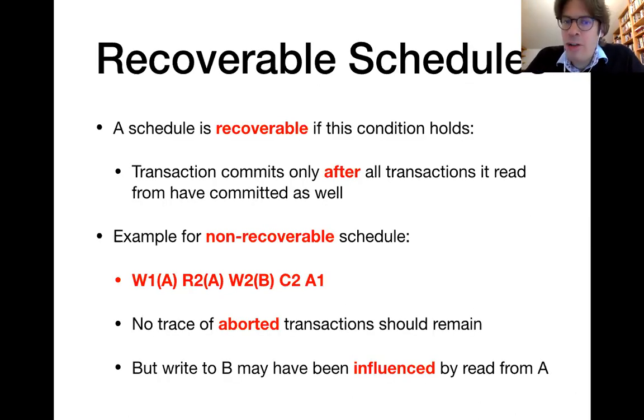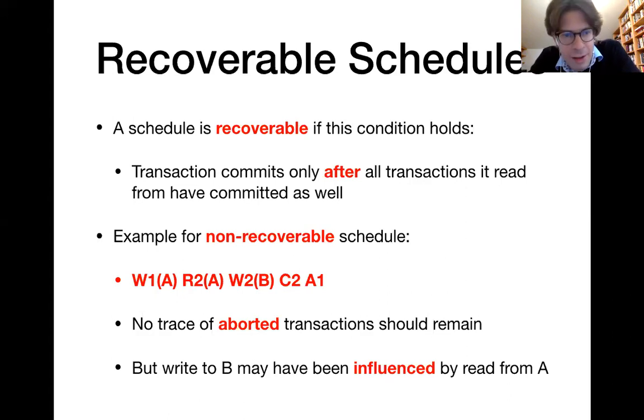So first of all, we will discuss recoverable schedules. Recoverable schedules, it's a very basic criterion saying basically that your schedule should leave the database in a consistent state. It's a very basic requirement. If you look, for instance, at the schedule marked in red over here.